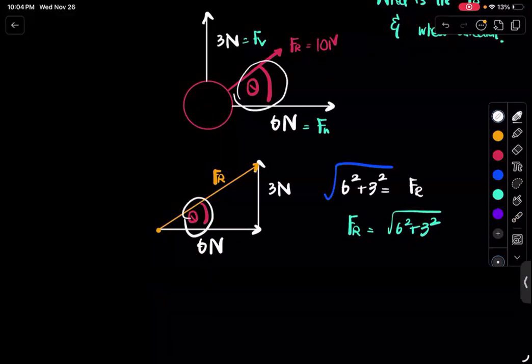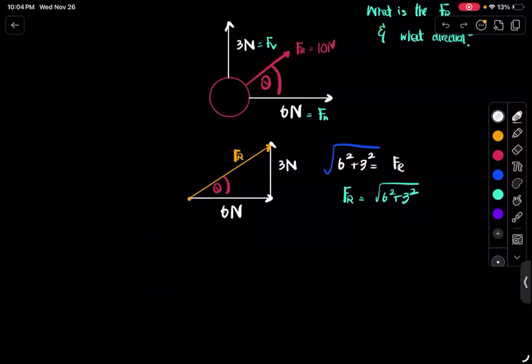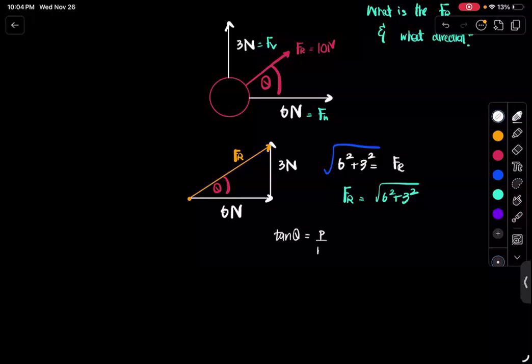Yes, this theta and this theta are the same. You can use tan theta, cos theta, sine theta, whatever you want. For tan theta, that's just through the triangle, right? So perpendicular over base. What is the perpendicular value? 3. What is the base value? 6. So 1 over 2. That means tan theta equals 1 over 2. How do you find theta?